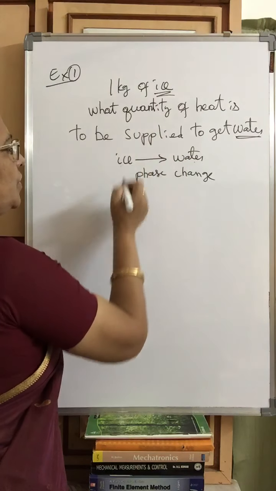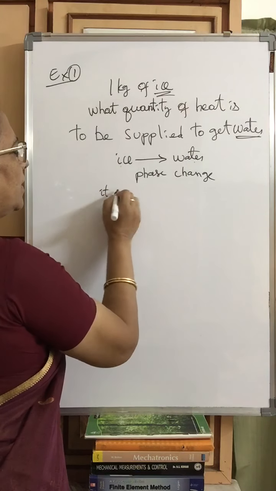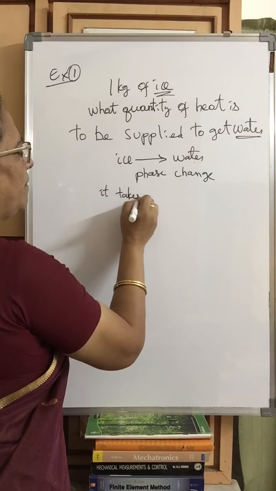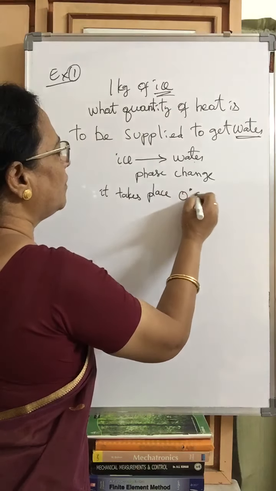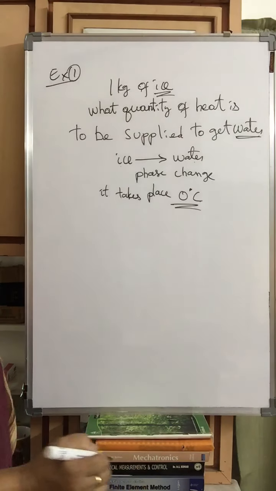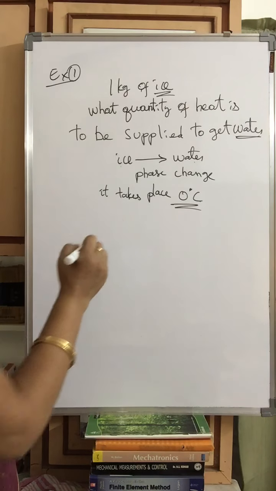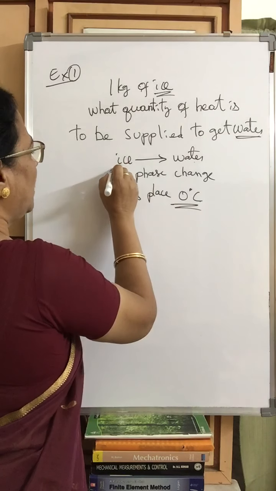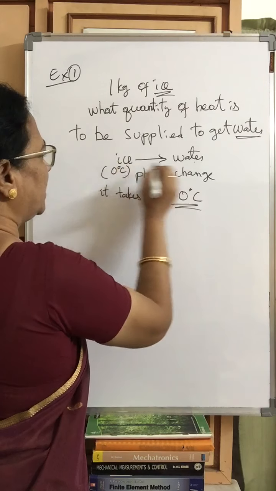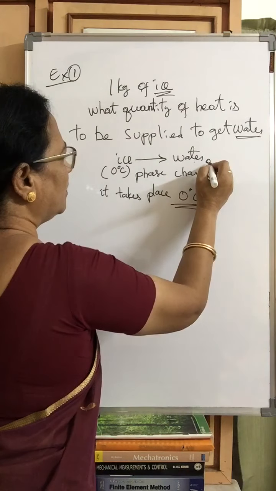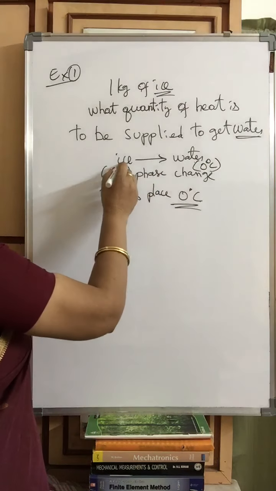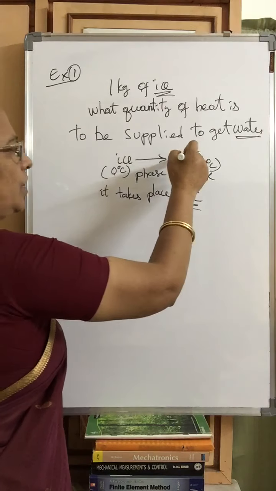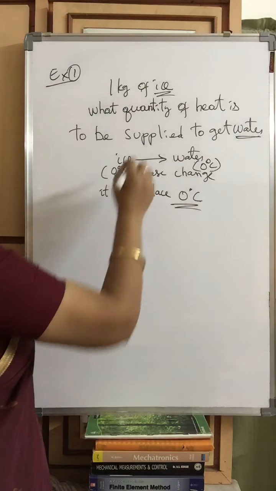At what temperature does it take place? It takes place at the freezing point, that is 0 degrees centigrade. So ice is also at 0 degrees centigrade, and water is also at 0 degrees centigrade.